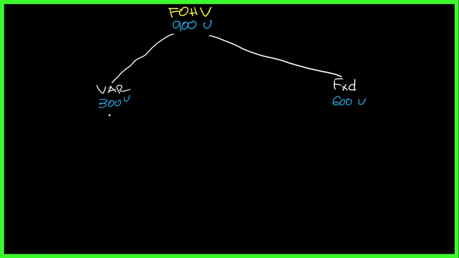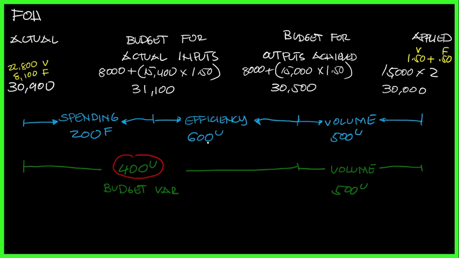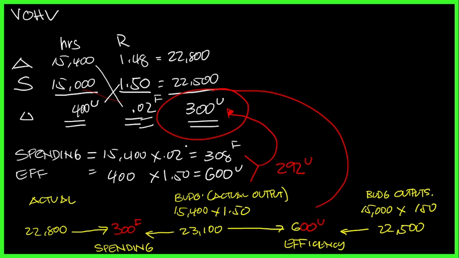Okay, pwede yun. Next, let's try to divide or dissect this further into spending, efficiency variance. You have here your budget variance and you have here your volume variance. Okay, now since our variances are divided as to cost behavior, dito tayo sa approach na to, no?